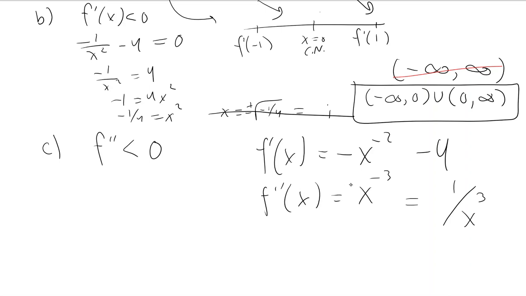When I bring the power down, this will be a 2. So your second derivative either needs to be 2 over x cubed or something equivalent to it. So you might have to simplify to see if it's the same.